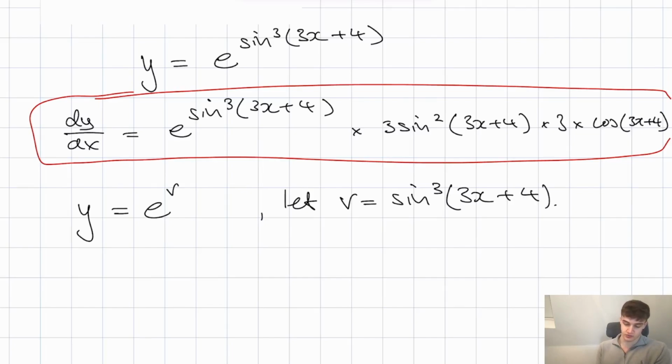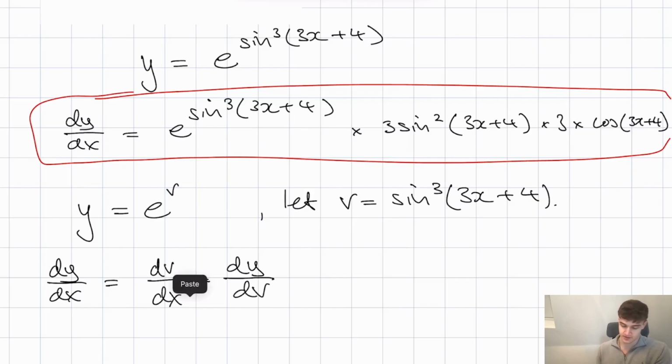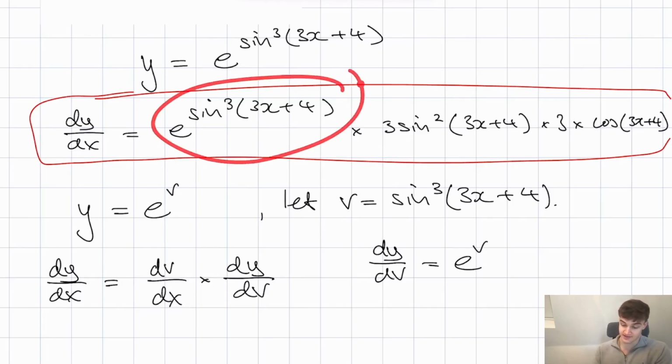So from the chain rule, we're going to have dy by dx is equal to dv by dx times dy by dv. So dy by dv in this case is going to be pretty straightforward. So dy by dv is just e to the v. So that's this first bit here.